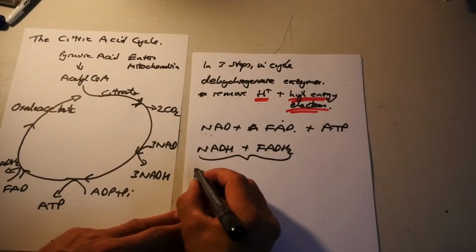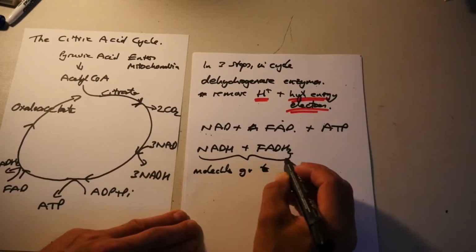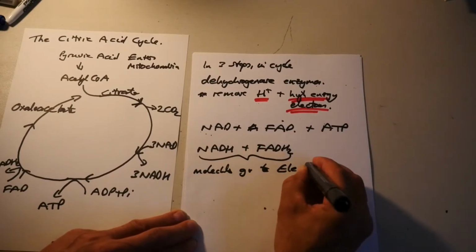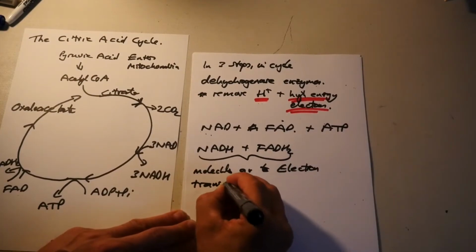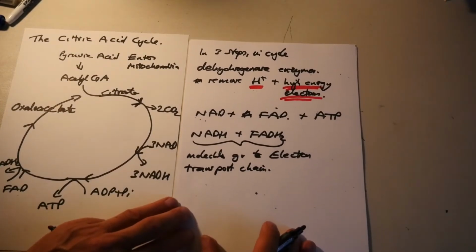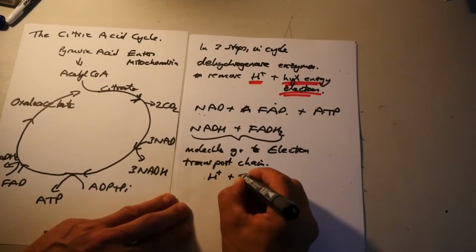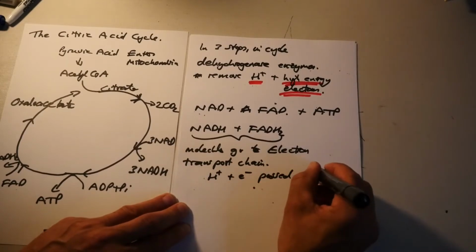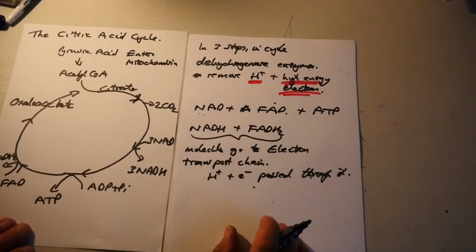So these molecules go to the electron transport chain, where the hydrogens and the electrons are passed through it.